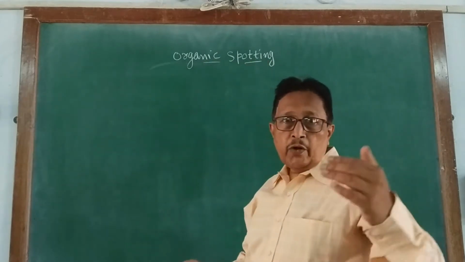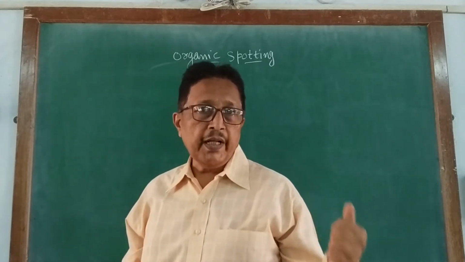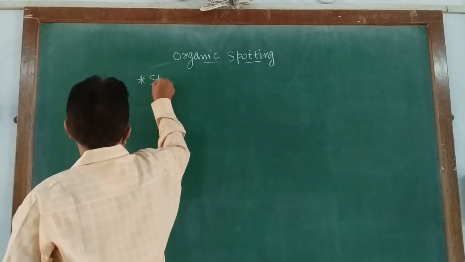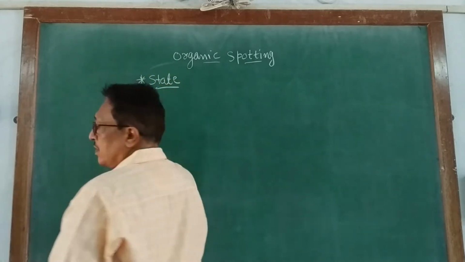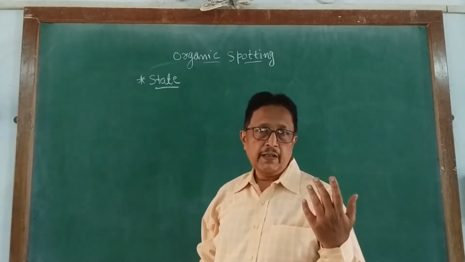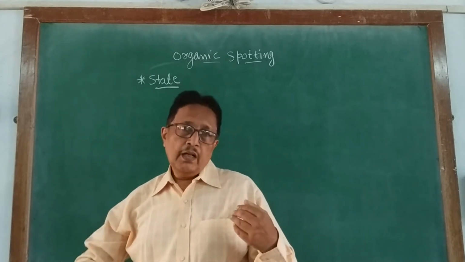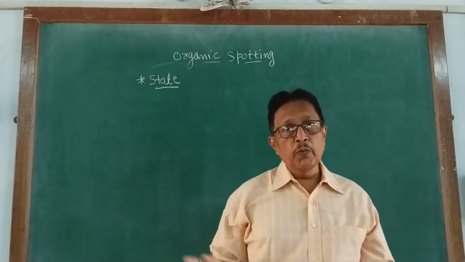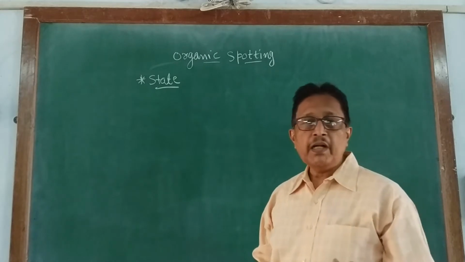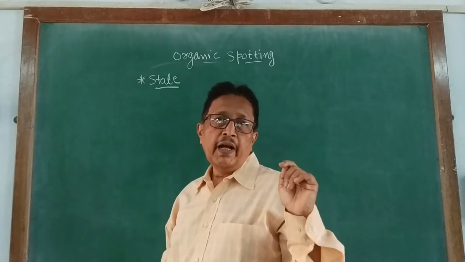According to the syllabus of your practical book, the first test in organic spotting is the state of the substance. For any particular substance, three states are available. Maybe some B group students say four states are available, but generally we are thinking about solid, liquid and gas.